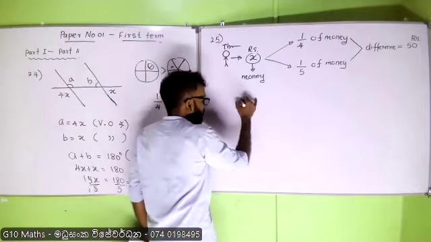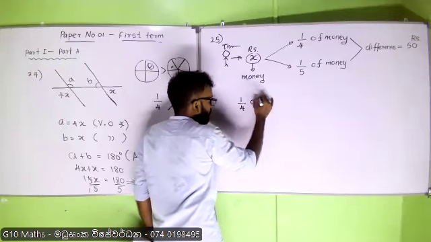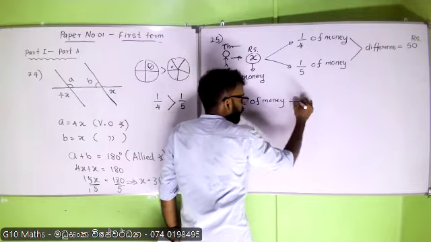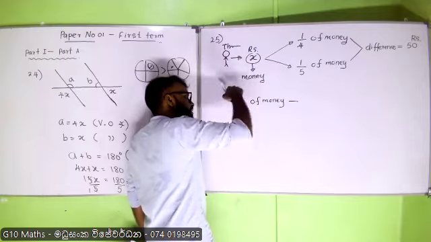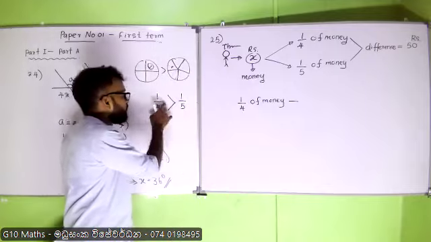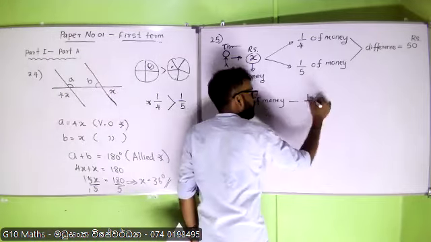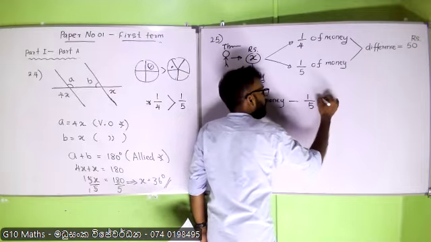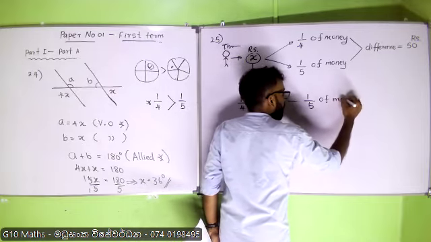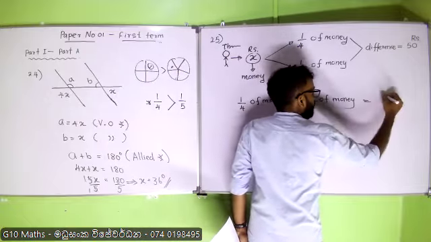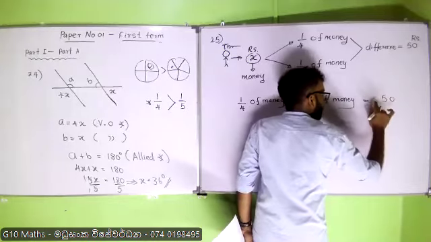So I can write 1/4 of money. You have to get the difference because this is the biggest fraction. I am going to subtract 1/5 of money, which is equal to 50.